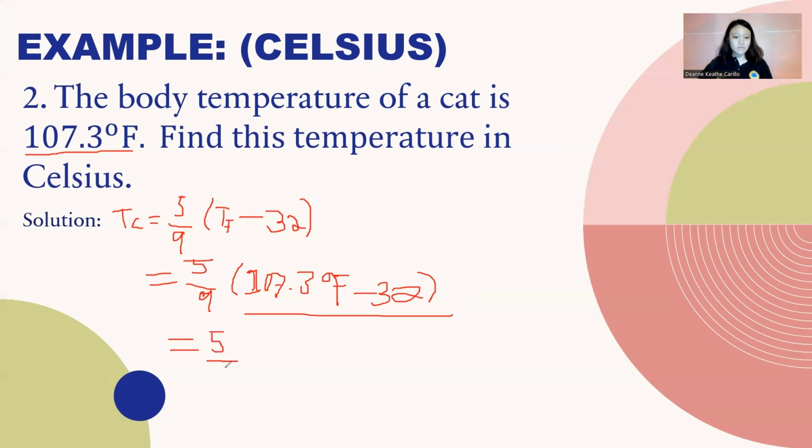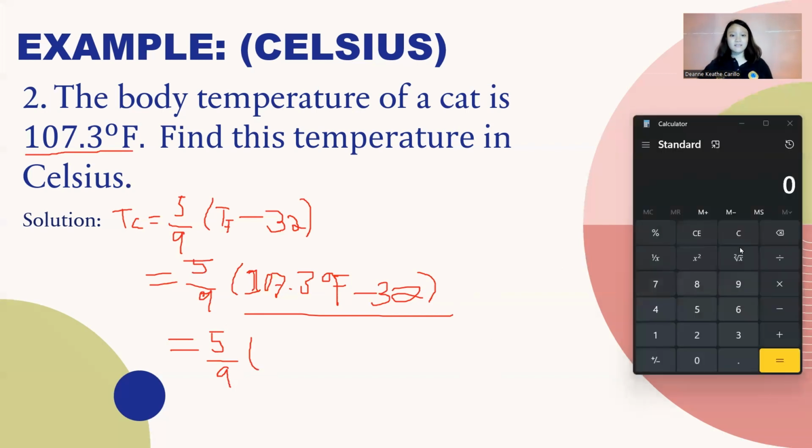Let's copy the 5/9 first. Then let's use our built-in calculator. 107.3 minus 32 is equal to 75.3. And the next step is we should put denominator 1 always after we get the sum of temperature Fahrenheit and 32.